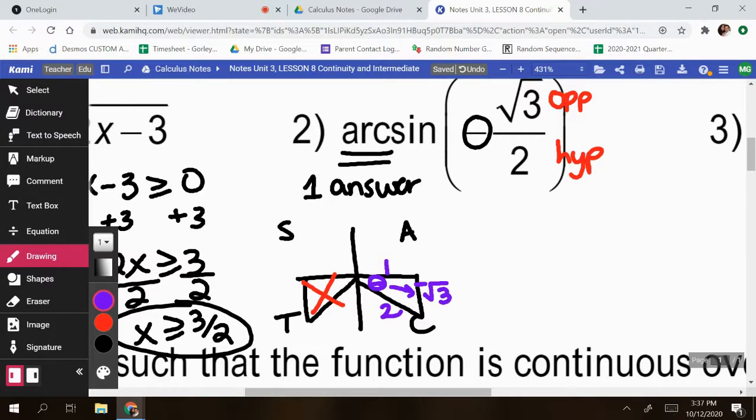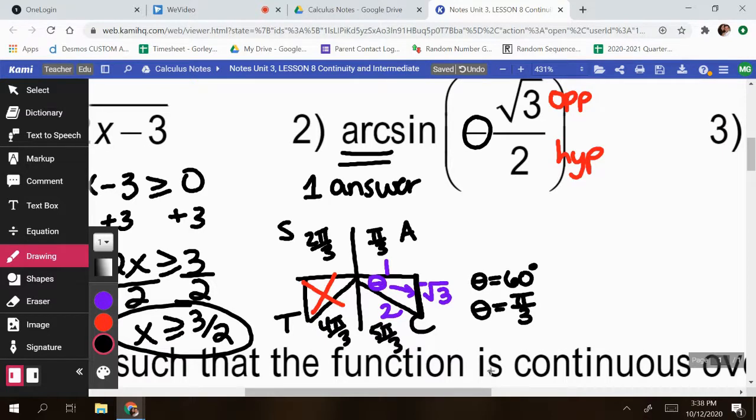Okay. Now, because theta is across from the longer leg, theta is going to be equivalent to 60 degrees rather than 30 degrees. With arc problems, though, we want to write our answer in radian form. 60 degrees is the same thing as pi over 3. And normally, I would label this quadrant with, let's see, 5 pi over 3, right?